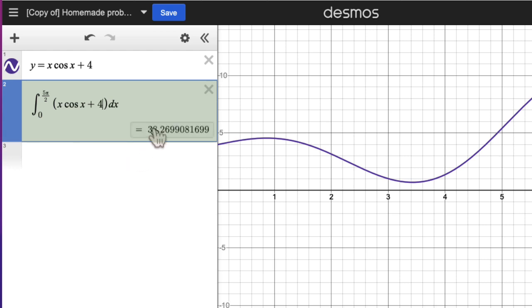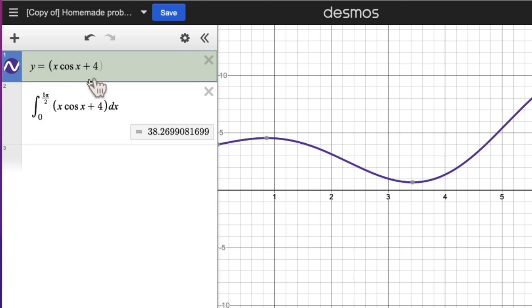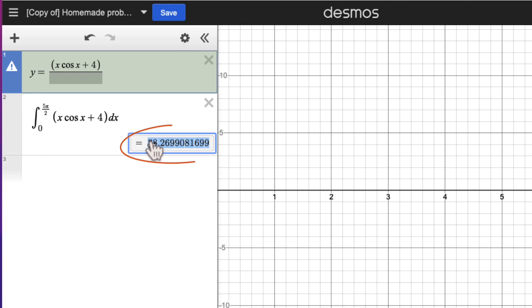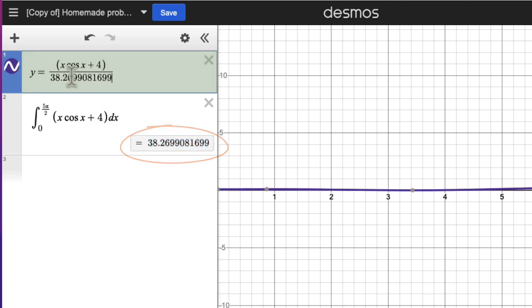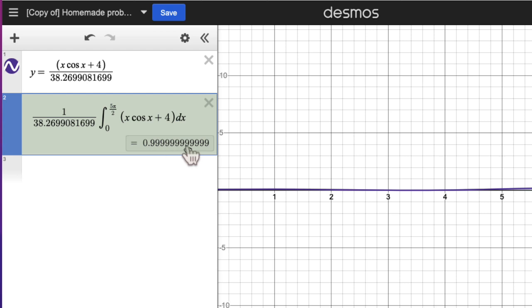I get that the total area under the curve is 38.2699 units squared. How am I going to modify my PDF? Well, I can go right up here and divide everything by this value. So just copy and paste, and to show what we did, our value is maybe not quite 1, but it's really, really close to 1. If we had more precision in Desmos, then we would get there.